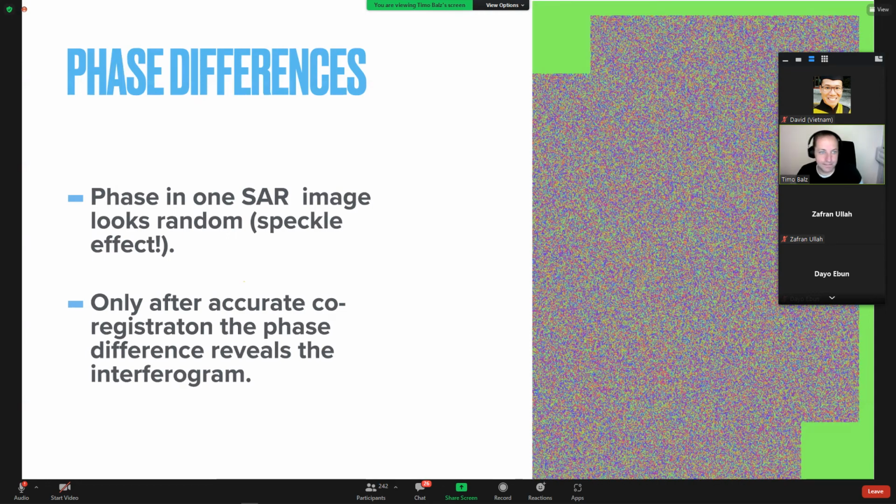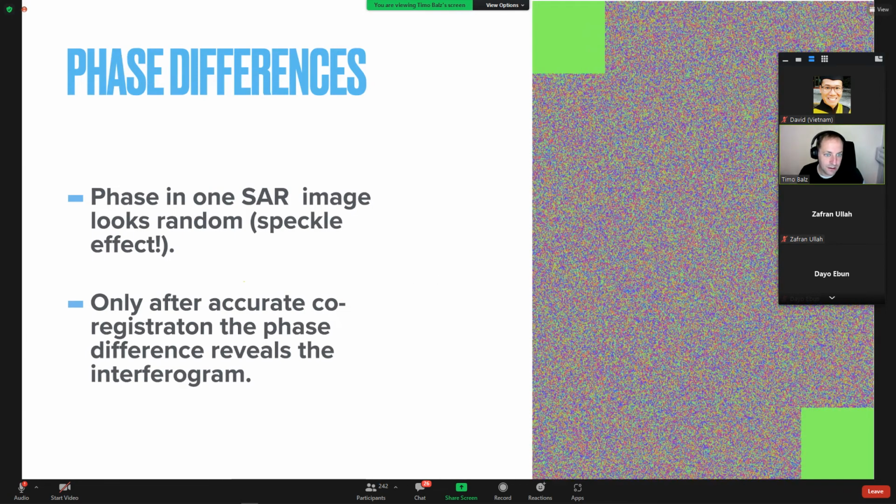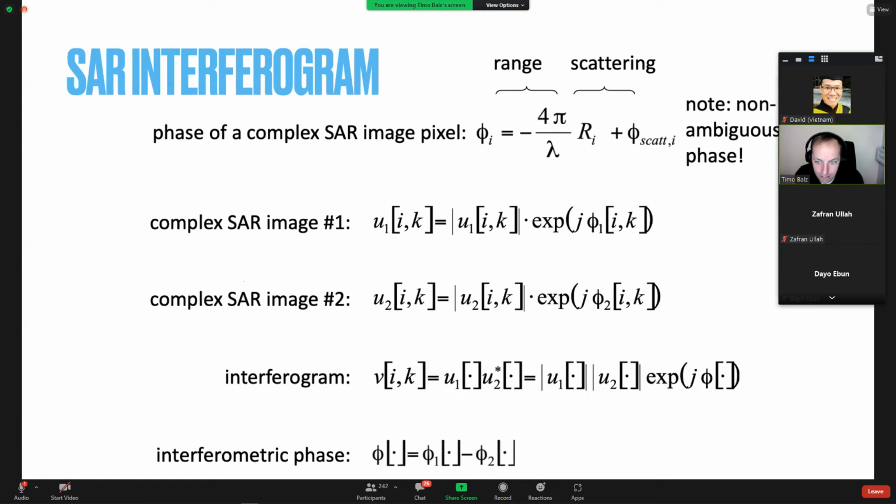So the interferogram is formed by complex SAR image 1 and complex SAR image 2, and we form the interferogram by doing this complex conjugate multiplication, which at the end, if you look at the phase, is nothing else than phase 1 minus phase 2.